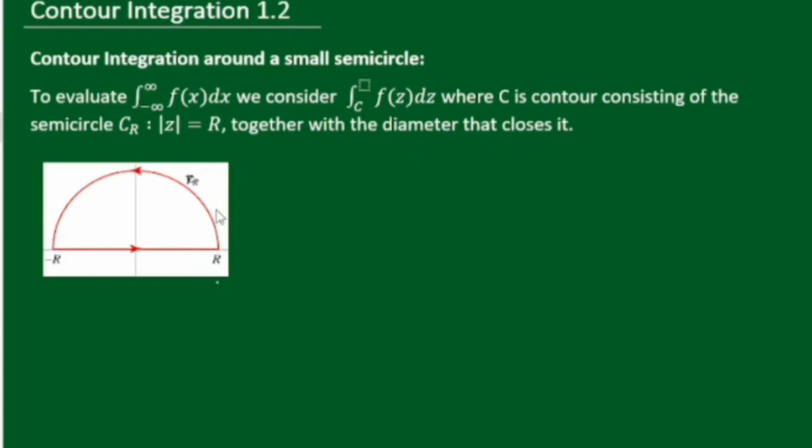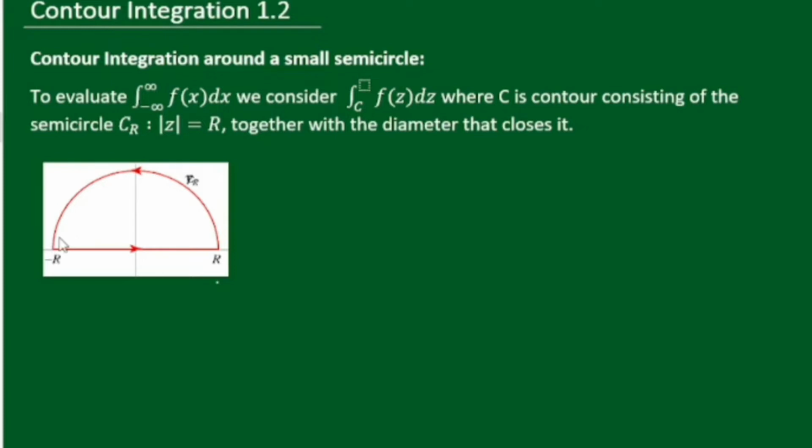So it is a closed contour C. Look at this picture, which is enclosed by this semicircle C_R and this straight line from minus R to plus R, which is actually the diameter of this semicircle.